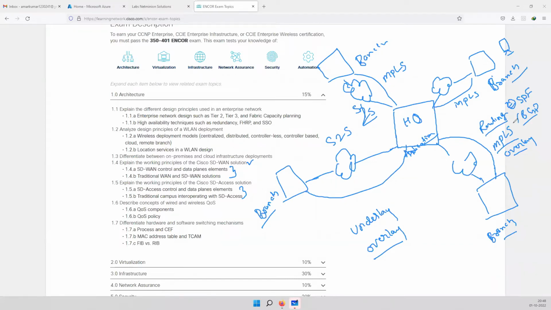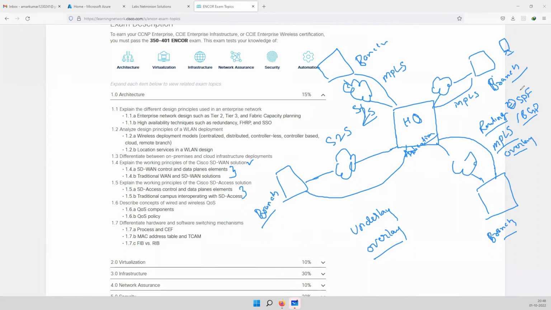EIGRP can also be used, but earlier EIGRP had vendor dependency. Later it was opened, but the people who were already using OSPF still rely on OSPF.